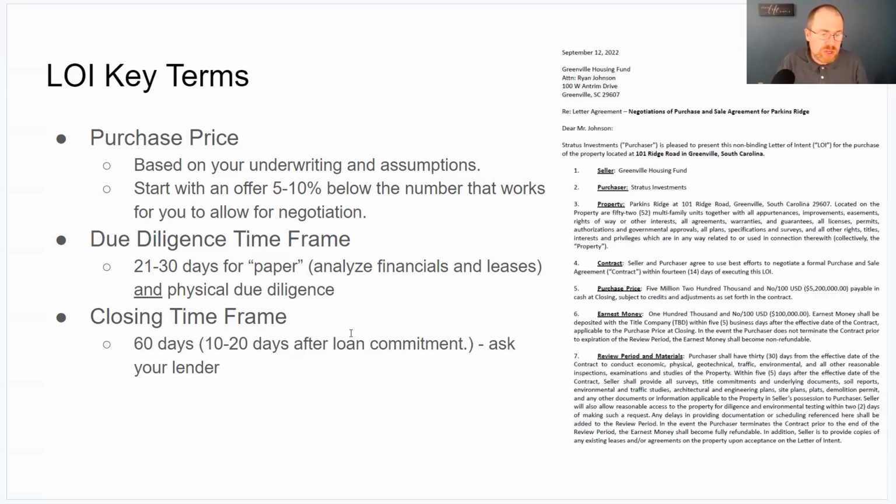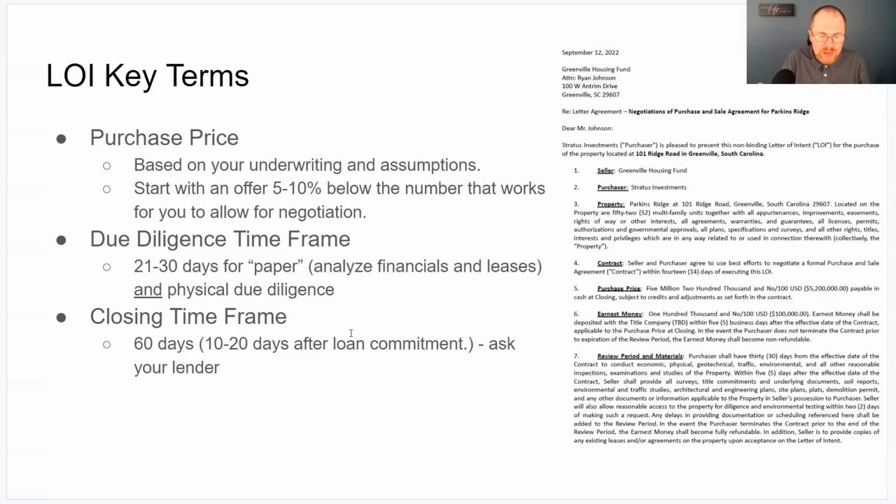Next topic to address: the closing time frame. So after the due diligence, you decide to go or no go, and then if you're going to do traditional financing, 60 days is a typical total time frame.